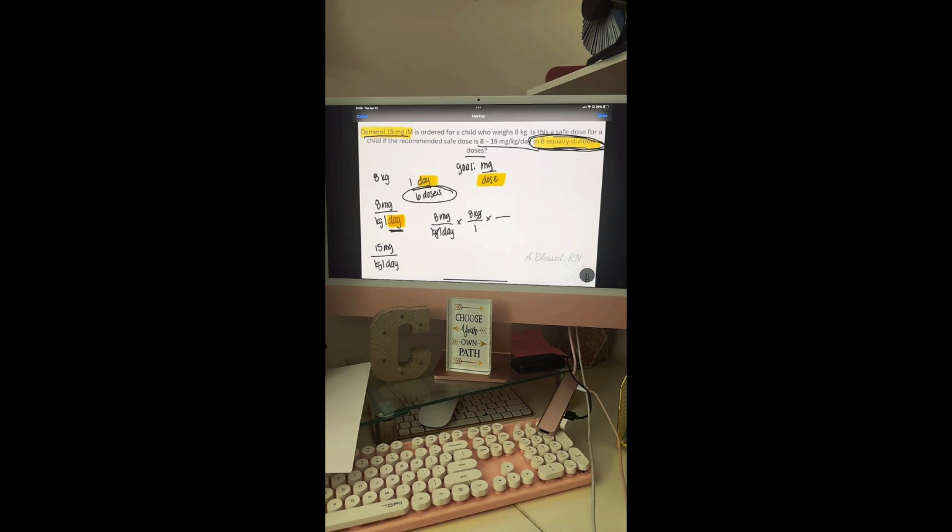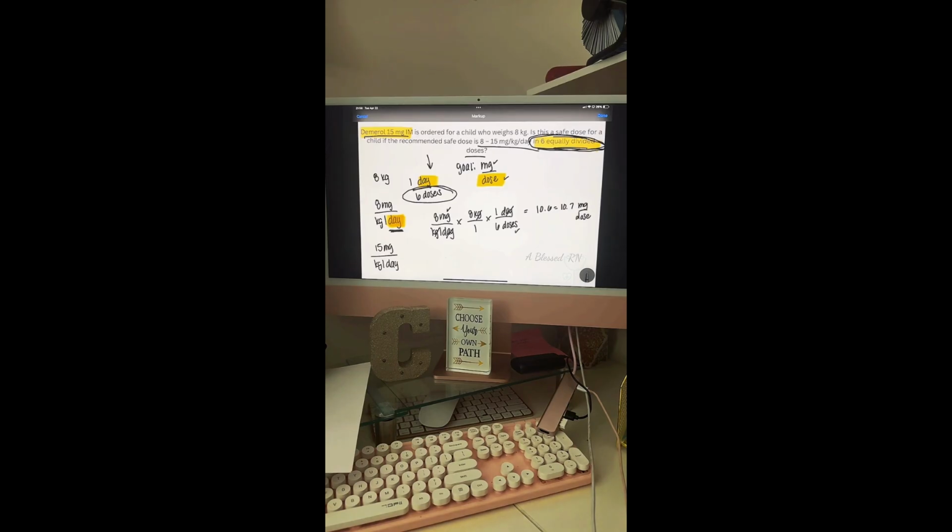So the last puzzle piece would be this one. 1 day has 6 doses in it. So days crosses out. And now you got milligram on the top and dose on the bottom, just like your goal. Okay. So we'll do 8 times 8 divided by 6, which is 10.6 repeating. So we're going to do 10.7. Okay. Milligrams in a dose.